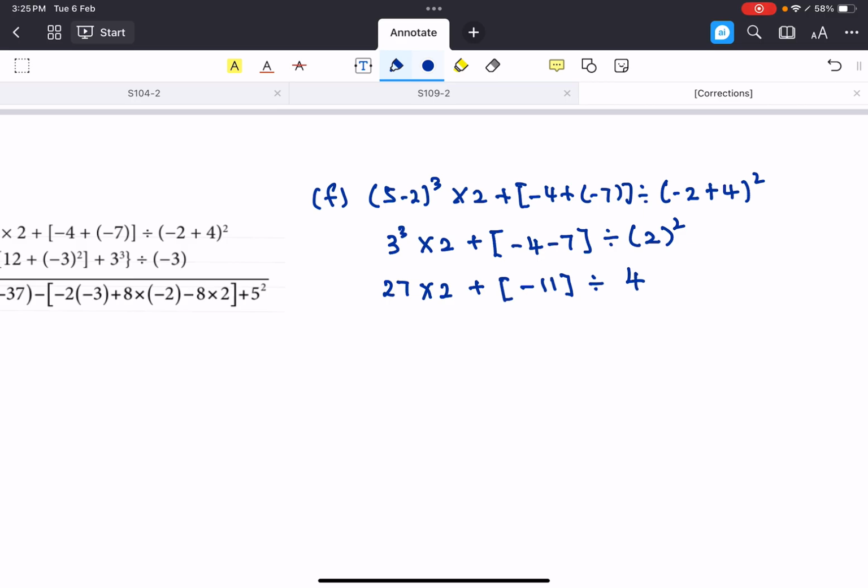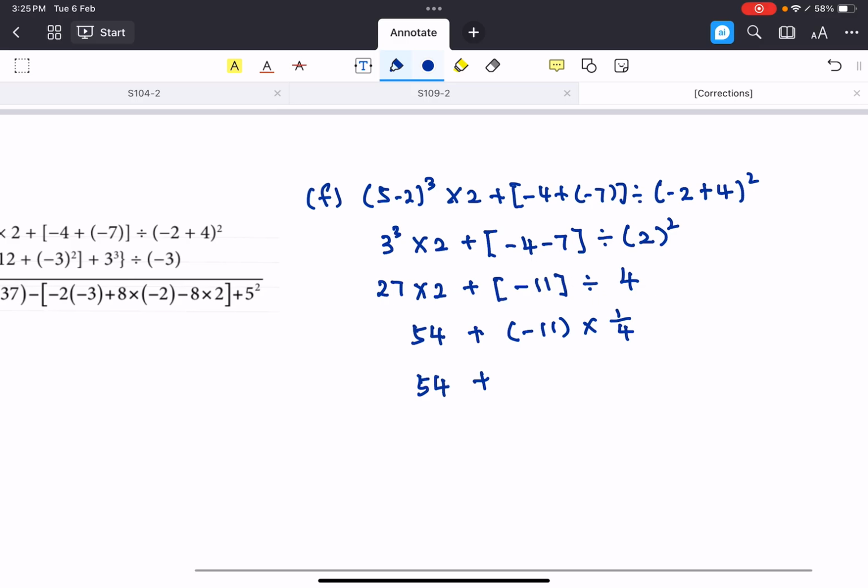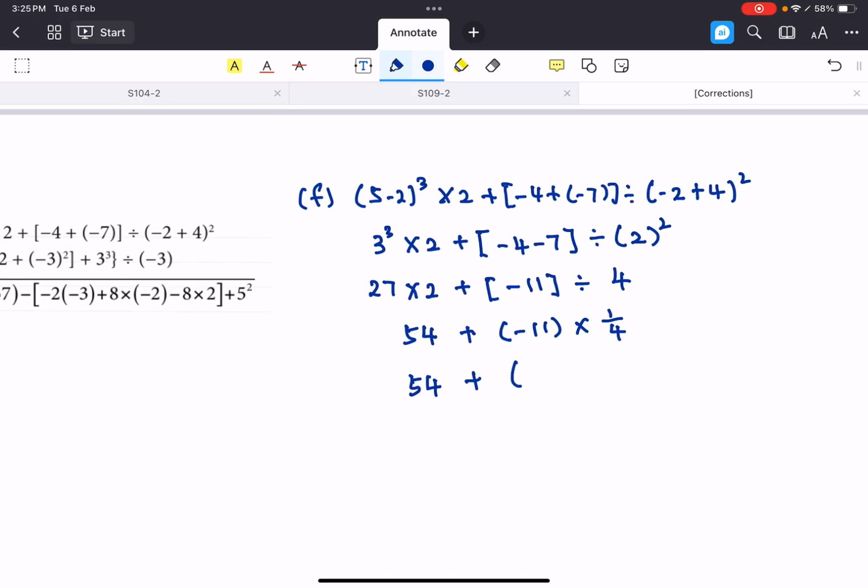Okay, so here we have 27 times 2 plus, over here will be negative 11, divide by 4. 27 times 2 is 54, right? Plus negative 11, we have negative 11 here, times a quarter. So 54 plus, well, this will give us negative 11 over 4.